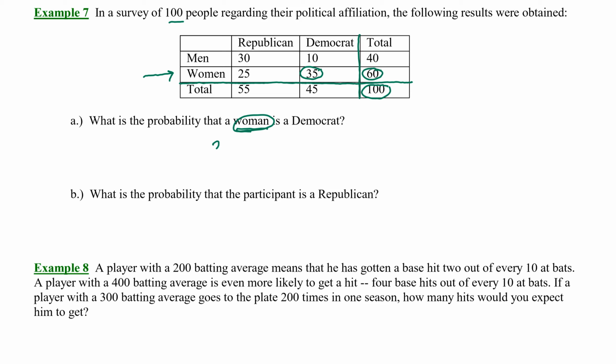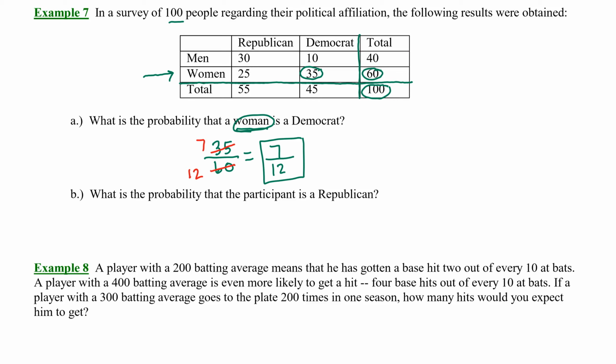So we could say 35 women out of 60 were Democrats. Let's go ahead and reduce that to be official. You've got a common factor of 5 in the top and the bottom. 35 divided by 5 is 7, and 60 divided by 5 is 12. So the probability that a woman is a Democrat, according to this particular poll, is 7 out of 12.